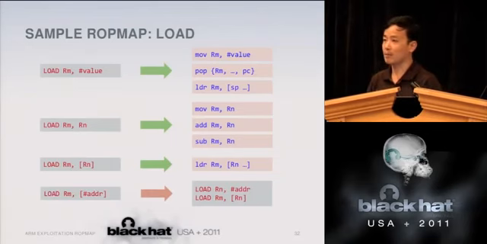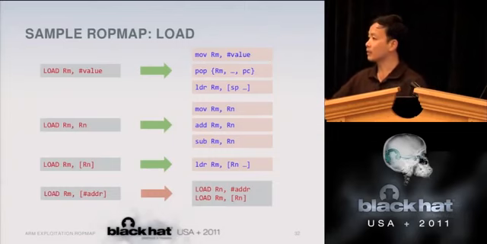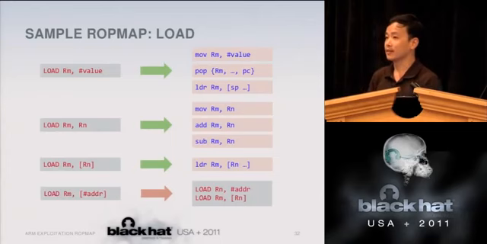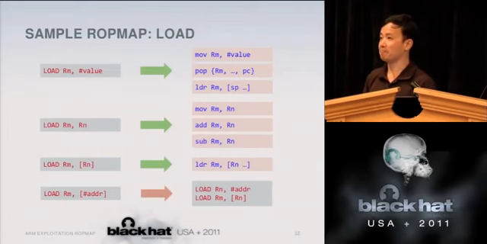So here we map it to two instructions. The first one loads the address value to a register, then we load the register from memory referenced by a register, which is already mapped in our previous map.